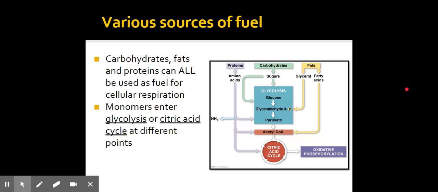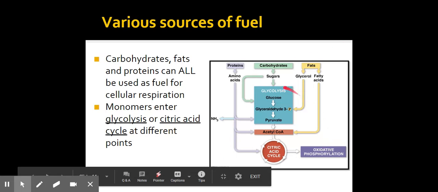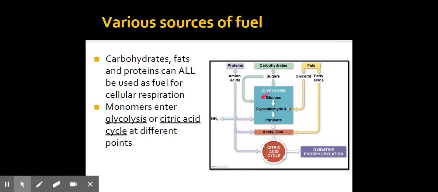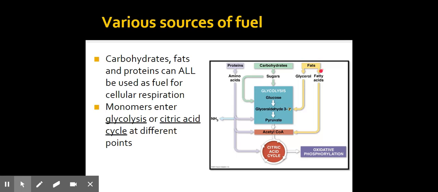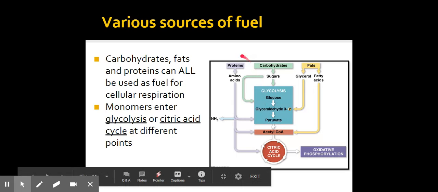And the last piece is we actually can have some alternative sources of fuel besides glucose, and I mentioned this earlier, that can go through cell respiration. As long as we have those main components of our carbon molecules in there, then we can get what we need. So we can see that happening with the fatty acids entering into different areas of our respiration process, and we can also see that with our proteins.